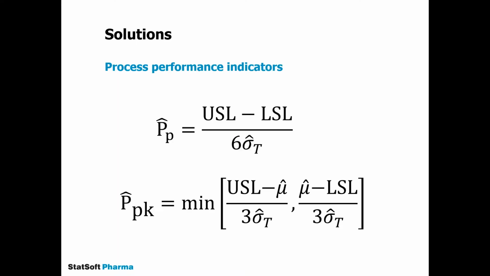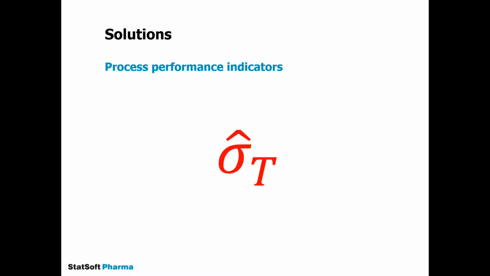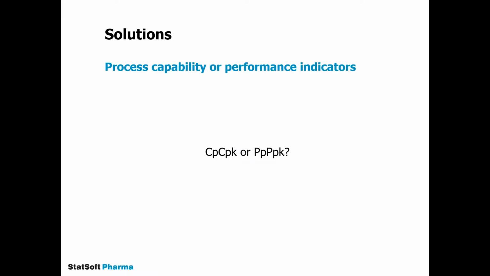To evaluate the process, Pp and Ppk process performance indicators are also used. However, they are determined on the basis of total process variability, including intra- as well as inter-sample variability. So which one should you rely on?